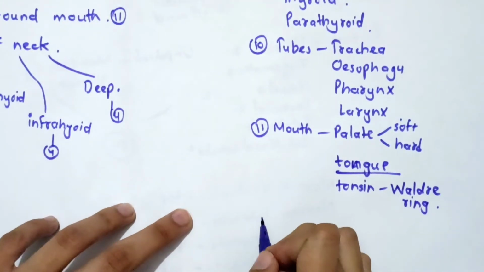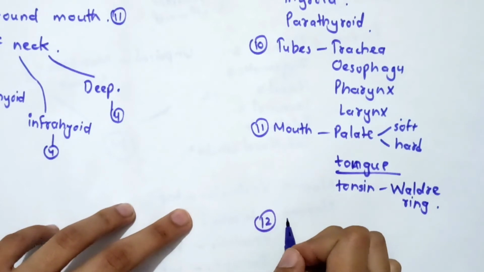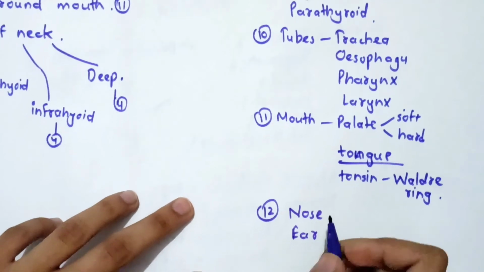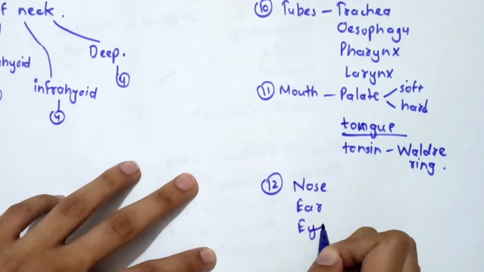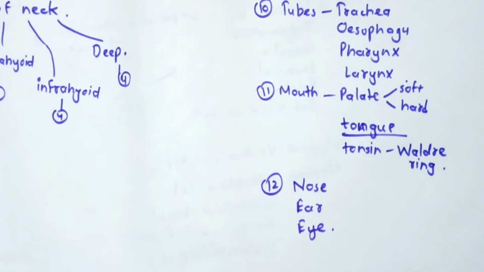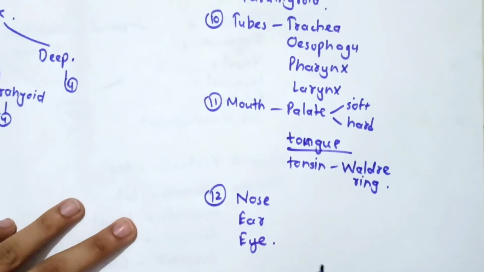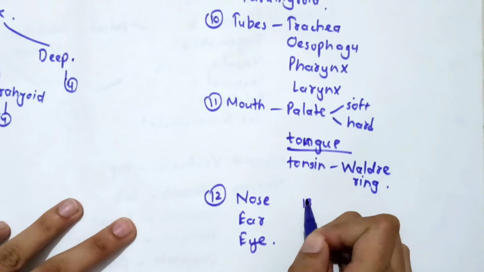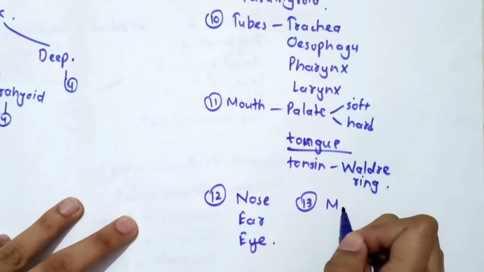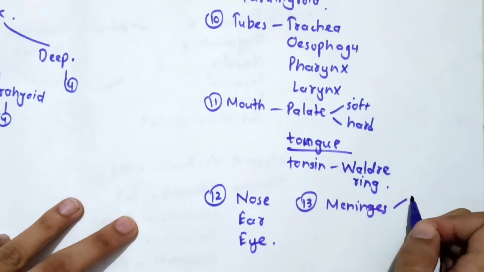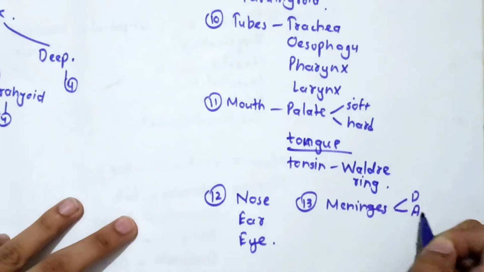Then we have to study in detail about nose, ear and eye also. This is also a very important part. Then if we move on to the cranium part, we have to deal with the meninges of brain, three meninges: dura mater, arachnoid and pia mater.